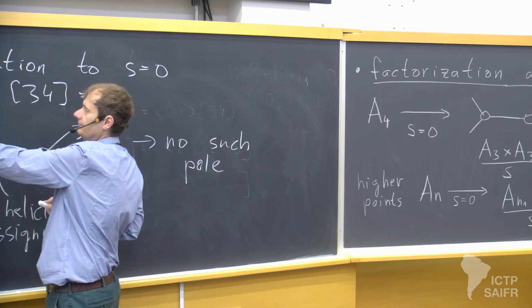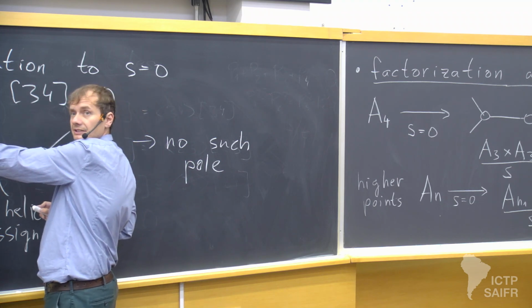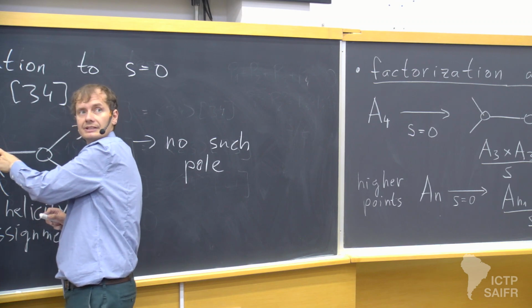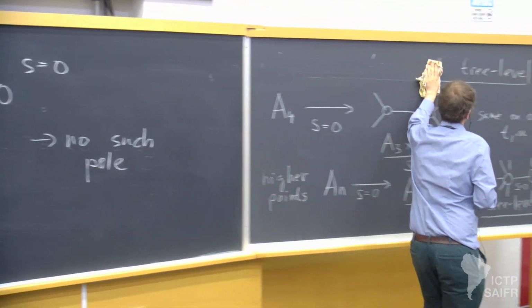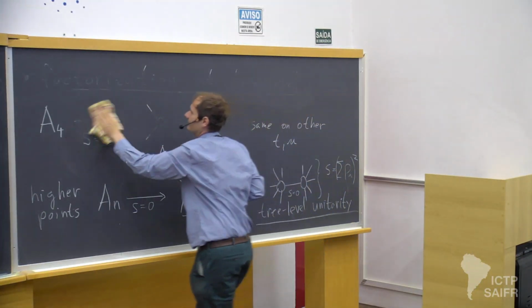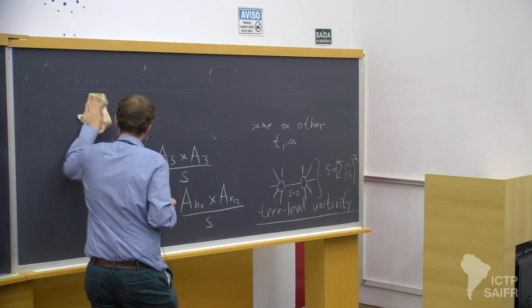If we flip the minus to plus, we could do it. Yeah, we could put plus here. Yeah, so if the amplitude was this other helicity assignment, I wrote there.